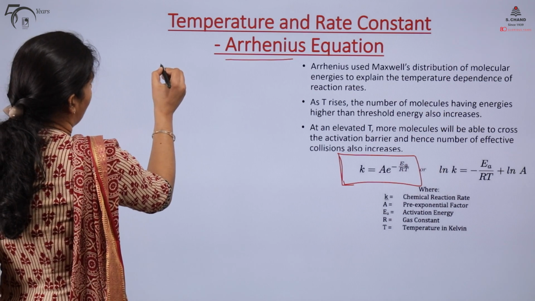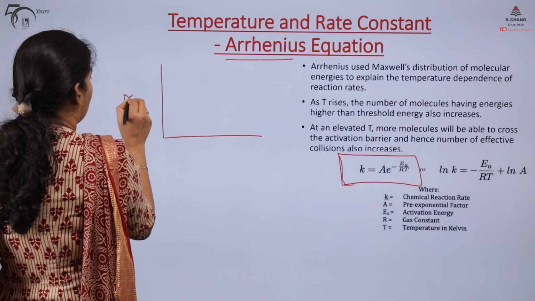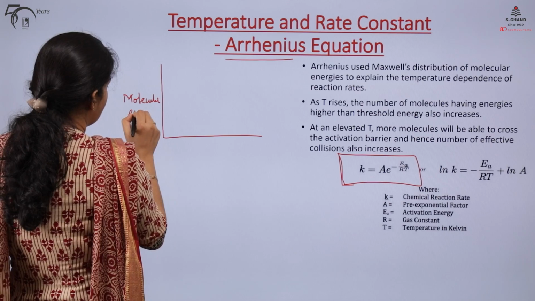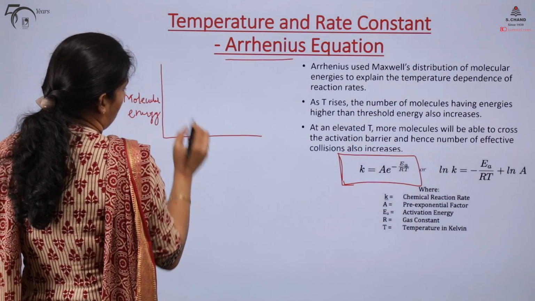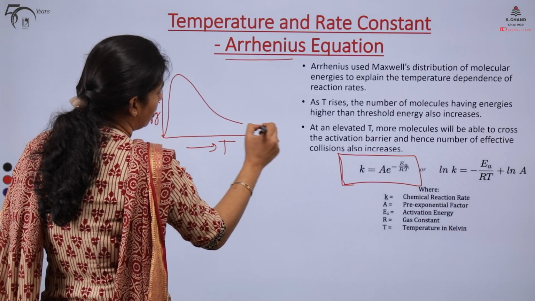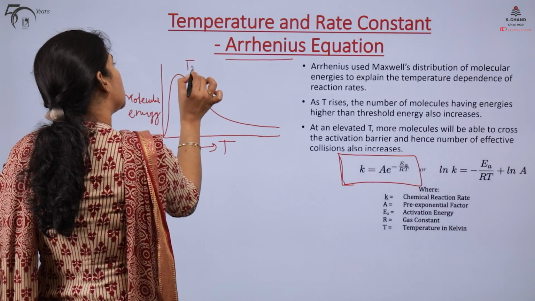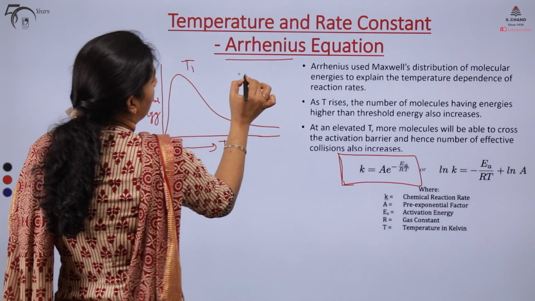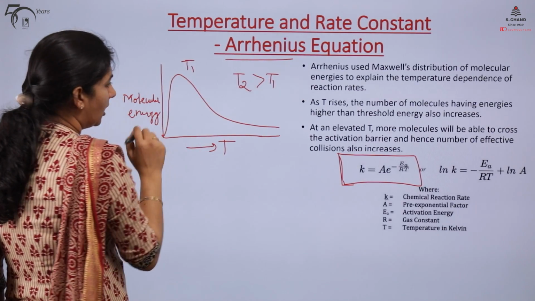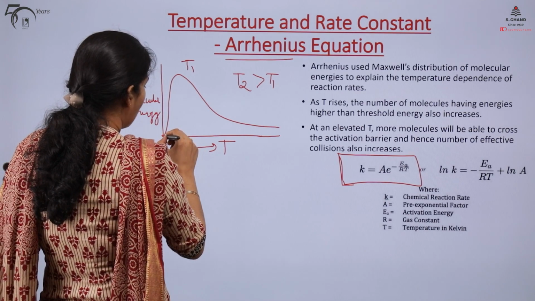Now let me explain the two graphs. First is the molecular energies distribution, which is the kind of distribution these molecules favor, let's say at temperature T1. Now T2 greater than T1, I take another temperature which is higher than this temperature. What happens?